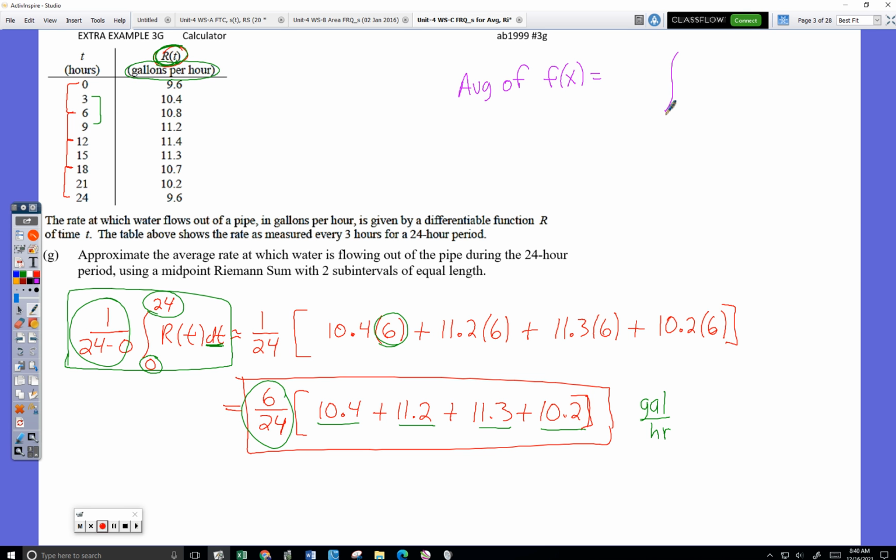So it's the average of f for some interval, like a to b. You integrate the function from a to b, and then you multiply by 1 over the width of the interval, like that.